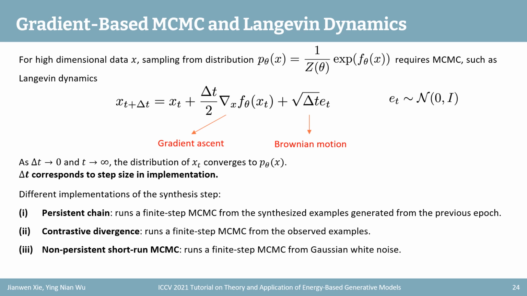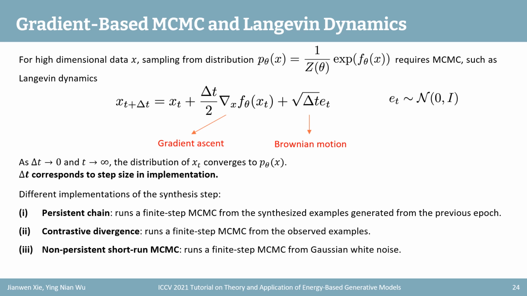Larger f corresponds to larger probability density. Delta t is the step size, and epsilon_t is the Gaussian noise term for randomness. As the step size goes to 0 and the number of steps goes to infinity, the distribution of x will converge to the target distribution P of x.